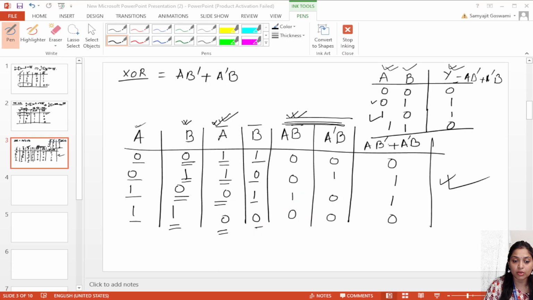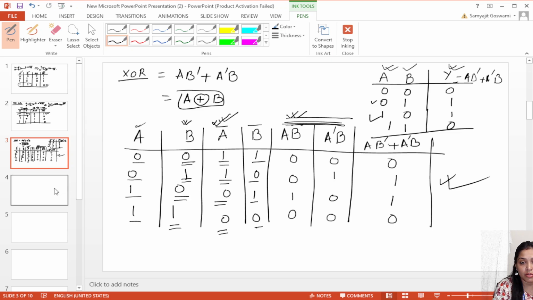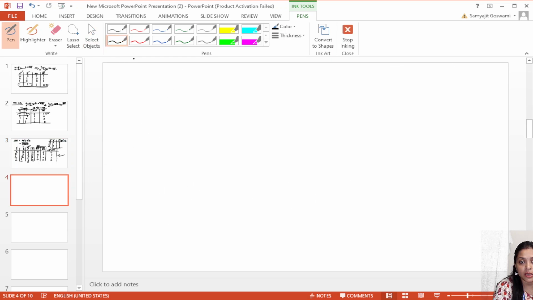One another thing I want to say: this A B bar plus A bar B, we can represent it in such a way also. This is A XOR B. Now I am going to the next side, that means XNOR.